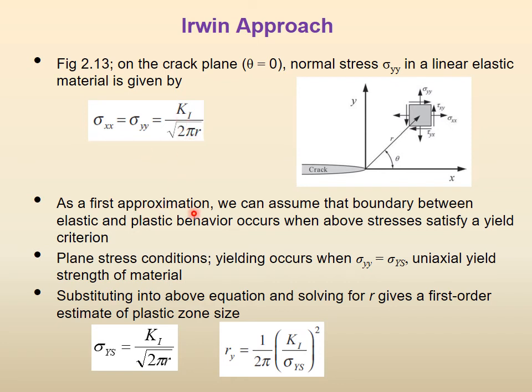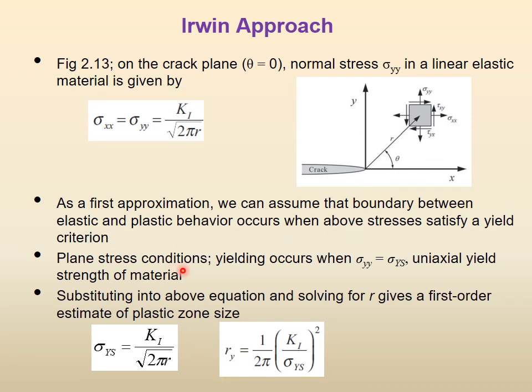As a first approximation, we can assume that the boundary between the elastic and plastic behavior occurs when the above stresses satisfy a yield criterion. If these stresses become equal to the yield stress, then the condition is satisfied for the plastic zone, because we are talking of yielding at the crack tip.